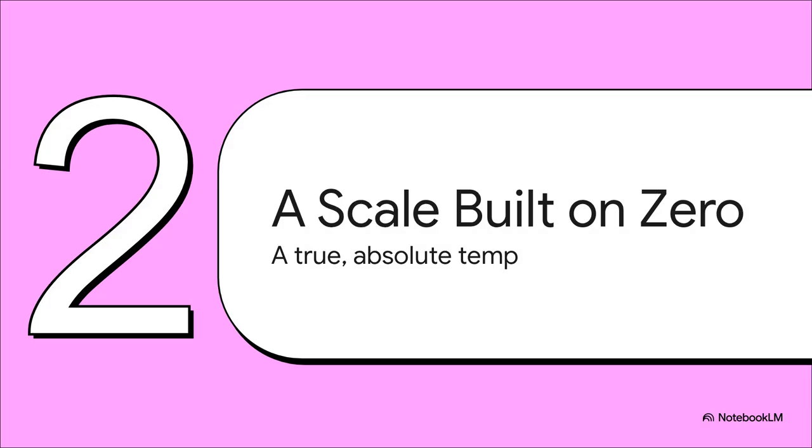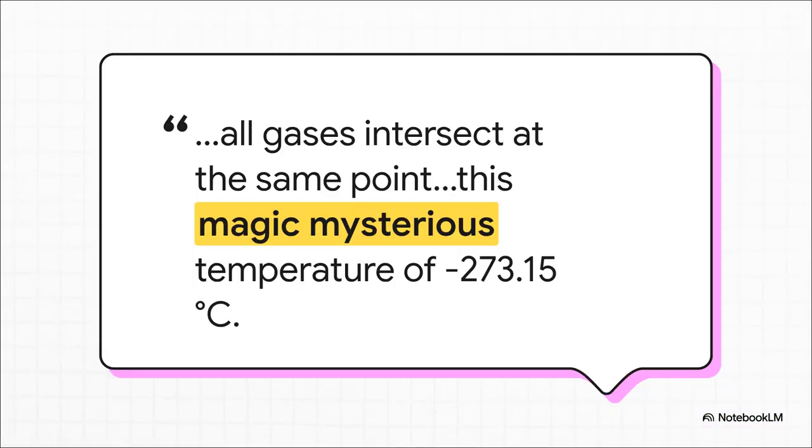So if water's not a great anchor, where do you find a real zero? A 0 point that means something everywhere in the universe, not just here on Earth. Well, scientists found the answer in a pretty unexpected place, by looking at gases. Yeah, this is where it gets really cool. Scientists were charting how the pressure of different gases changed as they cooled them down.